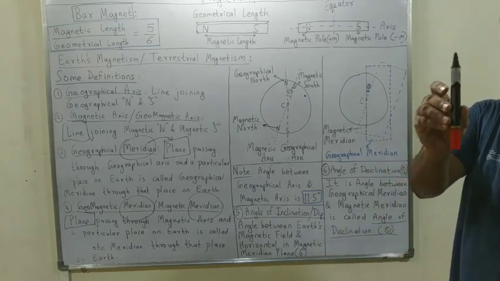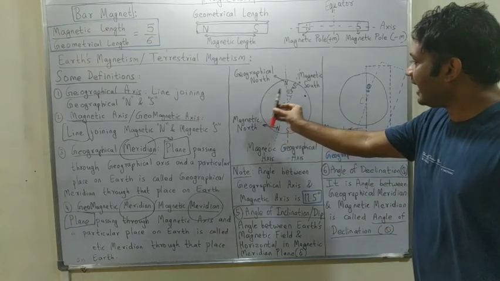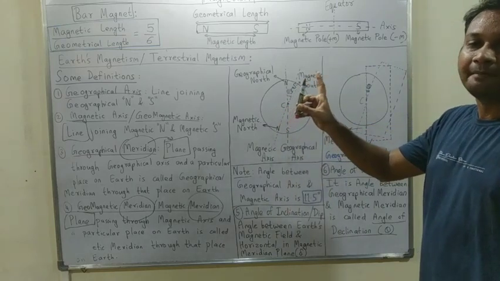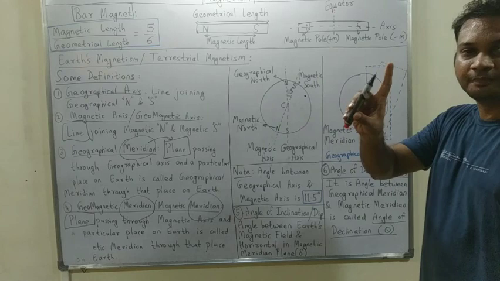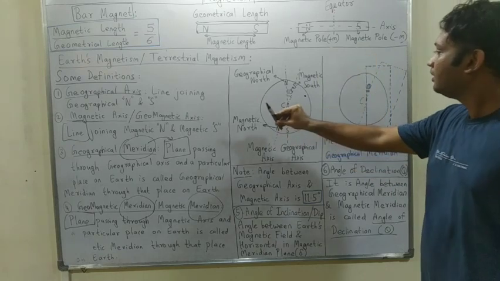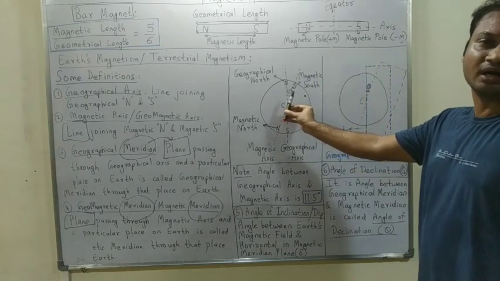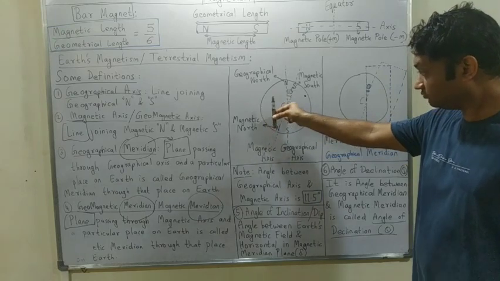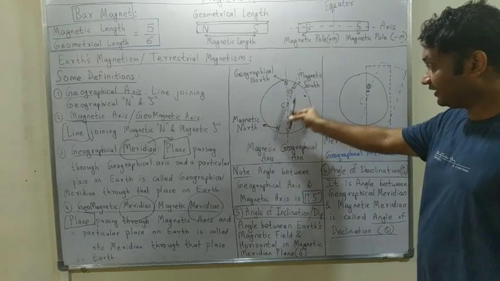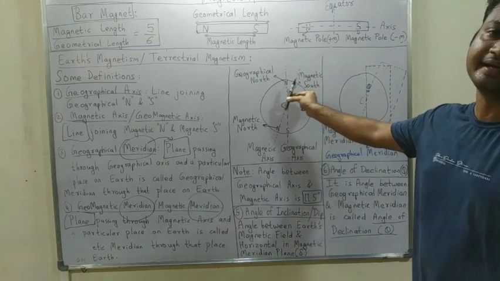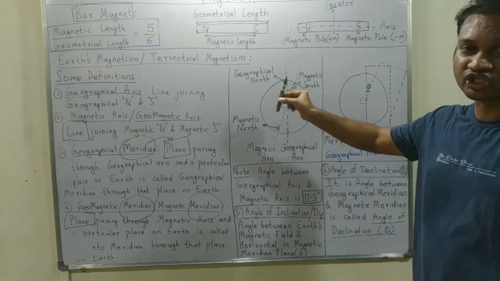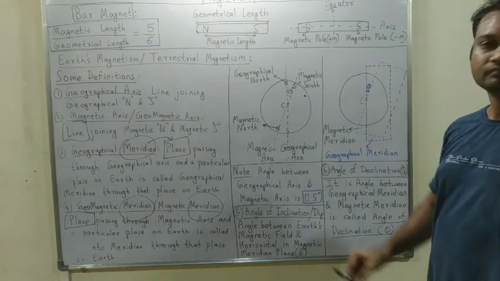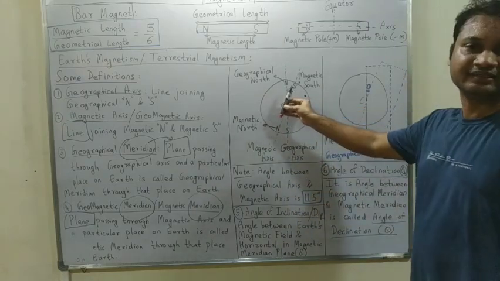The north pole of the magnetic needle will be attracted towards Earth's magnetic south. The north pole of the needle will be deflected towards the magnetic south due to attraction between north pole and south pole. So the needle will deflect like this.